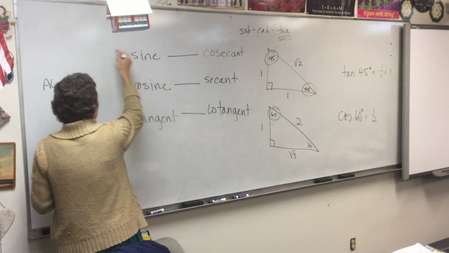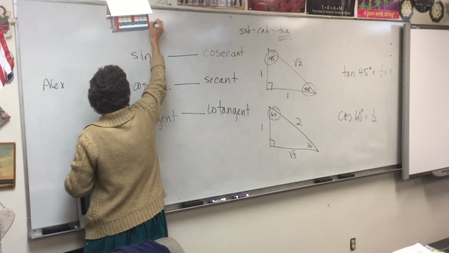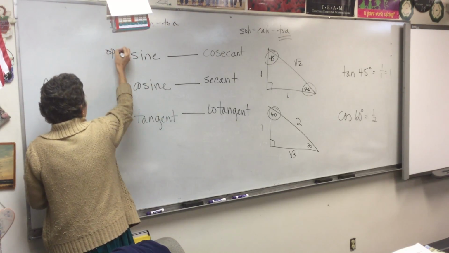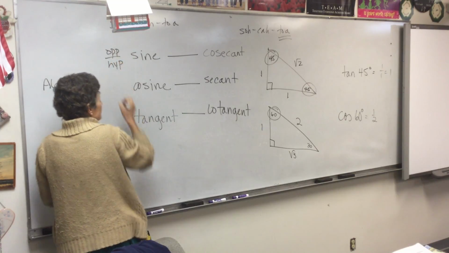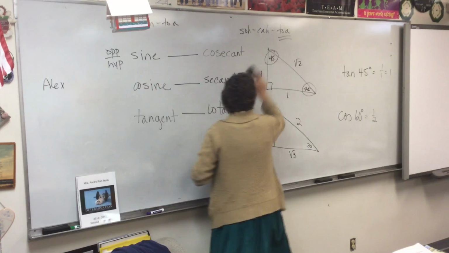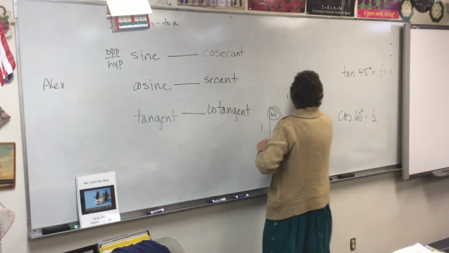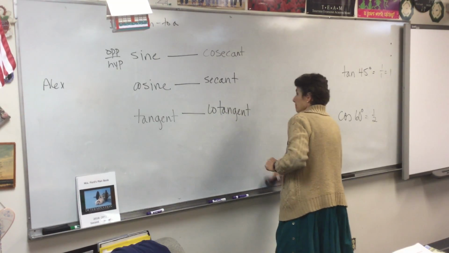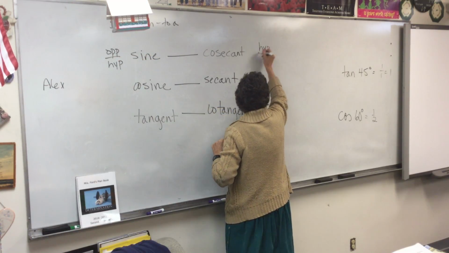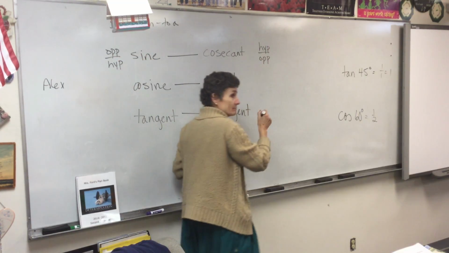So remember SOH CAH TOA, if sine is opposite over hypotenuse, then its reciprocal will be what? What's the reciprocal? Hypotenuse over opposite.